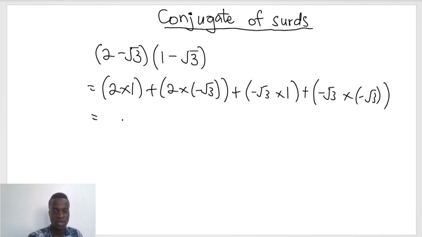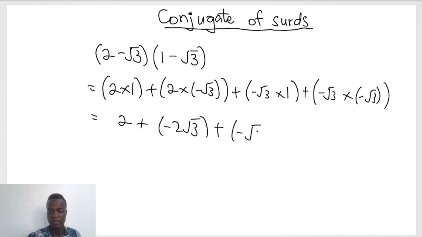So 2 times 1 is 2, plus 2 times -root 3 is going to give us -2 root 3, plus -root 3 times 1 is simply -root 3, plus this one, negative times negative will be positive. But when the same root is multiplying the same root, the answer is just 3 in this case. So when we group like terms, 2 plus 3, which are like terms, will give us 5.